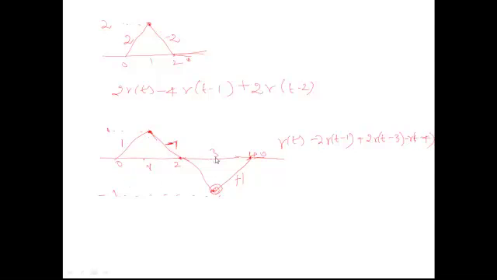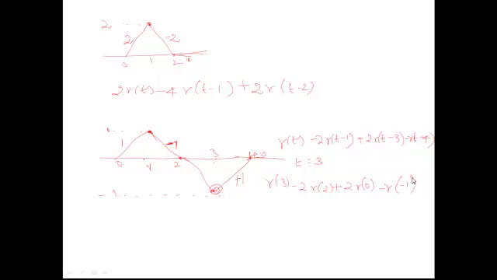Now if you want to validate your signal, say for example, I want to know what this signal is at time t is equal to 3. You apply t is equal to 3 in this expression. This becomes r of 3 minus 2 r of 2, since 3 minus 1 is 2, plus 2 r of 0, since 3 minus 3 is 0, minus r of 3 minus 4, which is minus 1.